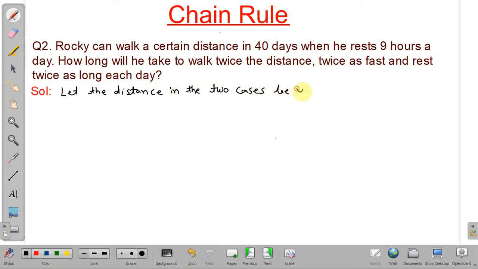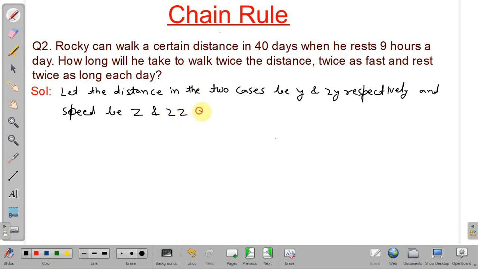And speed, as speed is also doubling, suppose initial speed is z in the first case, and in the second case it is doubling, so it is 2z respectively.